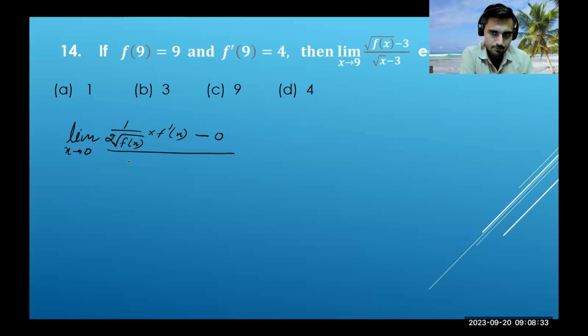Now again we'll differentiate the square root, so this will become 1 upon 2 into square root minus 0. After you differentiate the square root and then differentiate x, it will become 1, right? Now 3 is constant, so we don't have limit 0, we have limit 9.